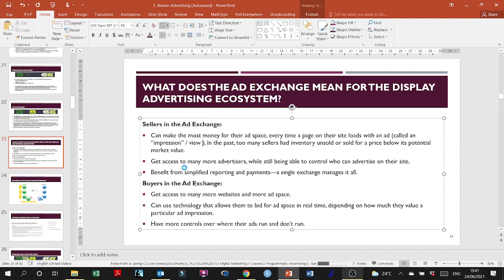All right. In the past, too many sellers had inventory unsold or sold for a price that is not its optimal price. This is one of the things I also talked about with marketers. Marketing in general is about optimality. What does optimal mean? Optimal means in its best shape, in its maximum profit, in its minimum cost.